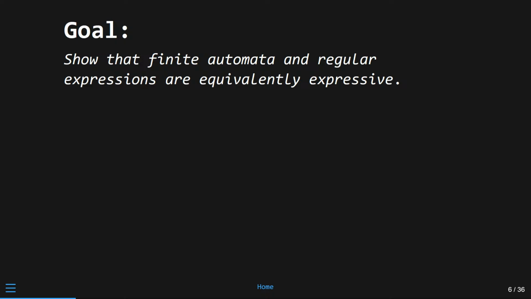Our goal is that we want to show that finite automata and regular expressions are equivalently expressive, right? So not that they do the same thing, but that they can capture the same ideas. For example, the language that is a prime number of ones in a row can't be generated by a regular expression, or recognized by an automata.